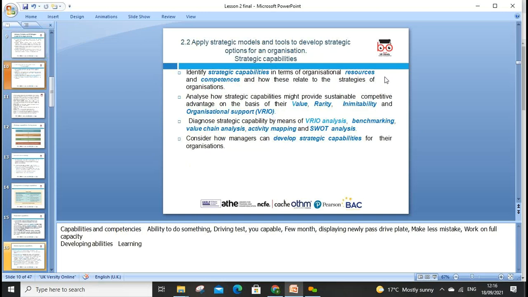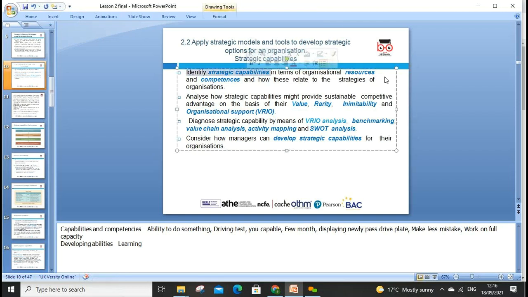Then we look at 2.2, which is about applying strategic models and tools, developing strategic options, organization and capability. First of all, we need to know what is meant by capabilities and competencies. Anyone, guys, what do you know about capabilities and competencies? Identify strategic capabilities.